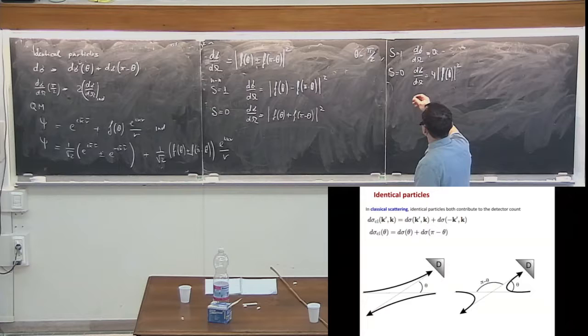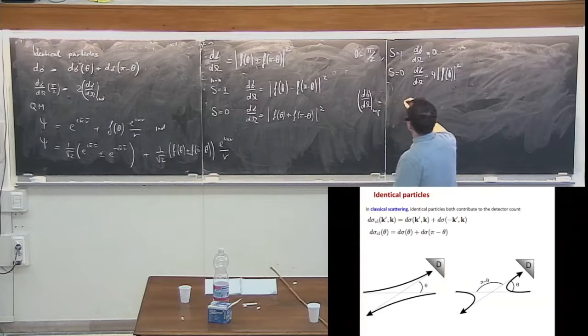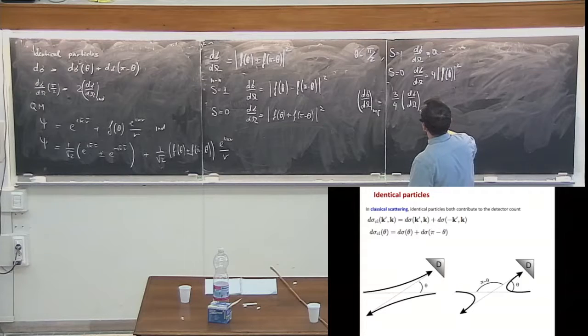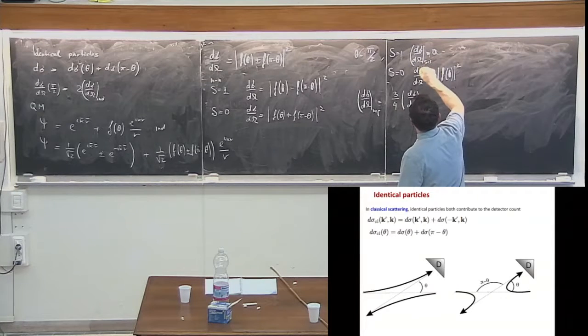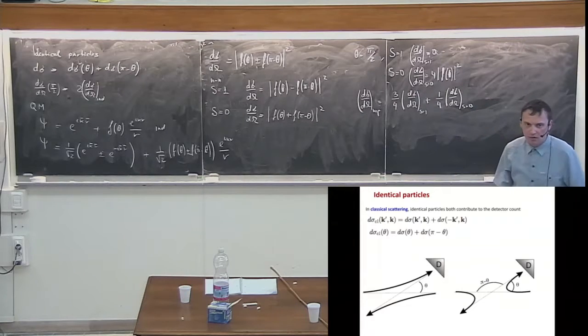So therefore, for unpolarized d sigma over d omega, I will have 3/4 of d sigma over d omega for s equals 1 case, plus 1/4 of d sigma over d omega for s equals 0 case.